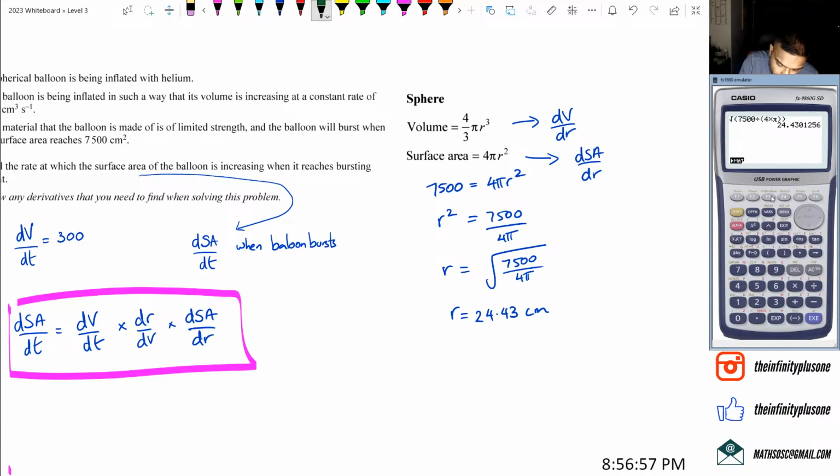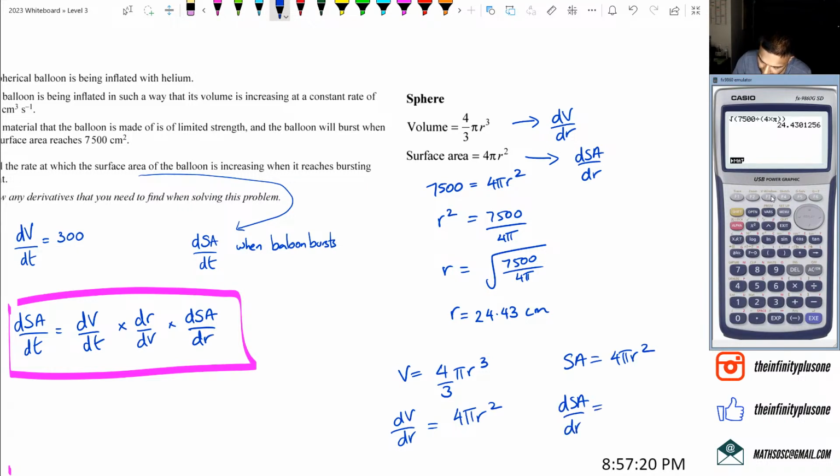So I've got the volume of a sphere, which is 4/3 πr³. So dV/dr is equal to 4πr². Surface area is 4πr², so dSA/dr is equal to 8πr.